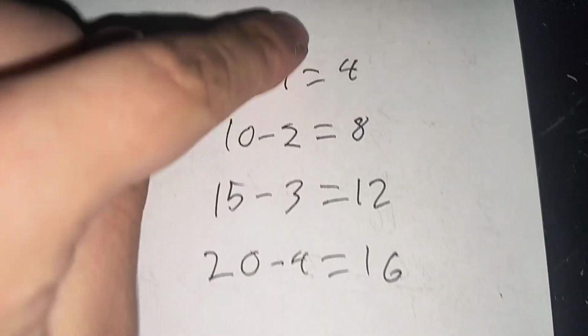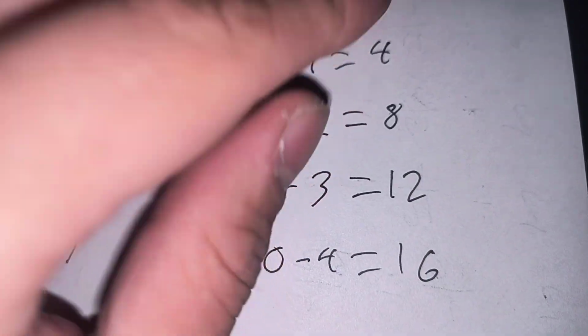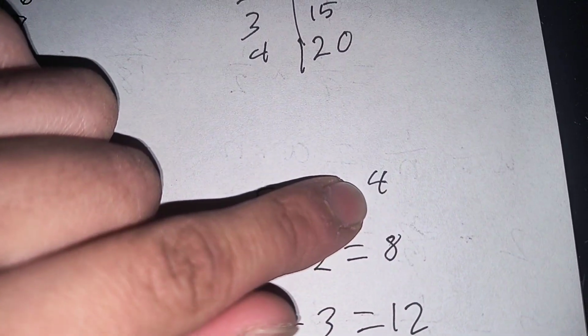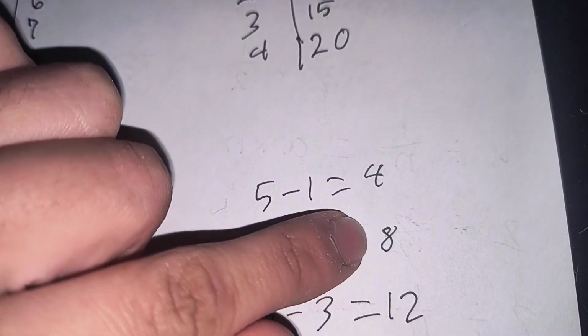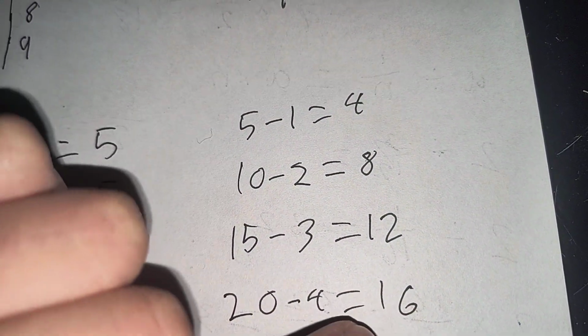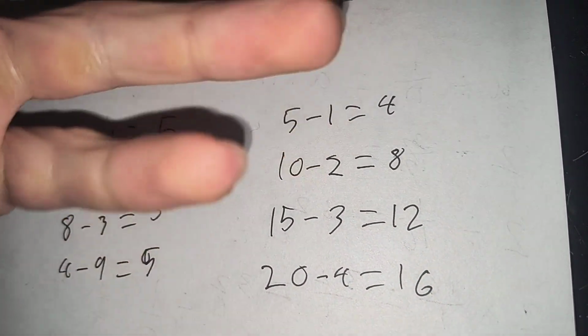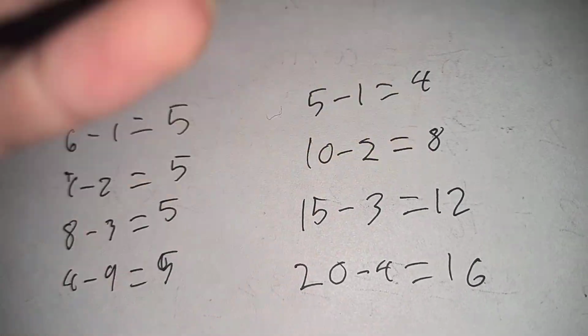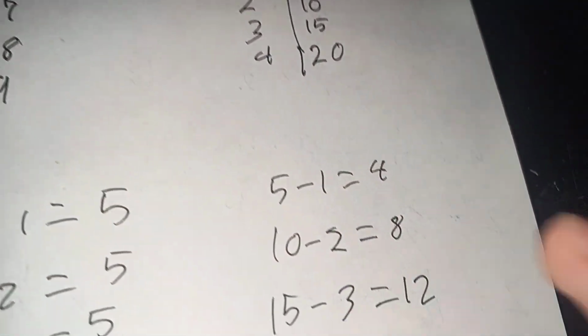You could see that all the differences here are multiples of each other, multiples of 4. 4 times 1 is 4, and then 4 times 2 is 8, 4 times 3 is 12, 4 times 4 is 16. This gives you a clue that this is a multiplicative input-output table.